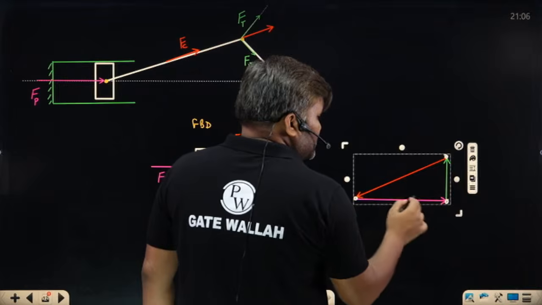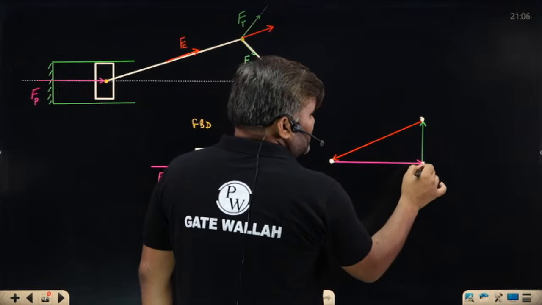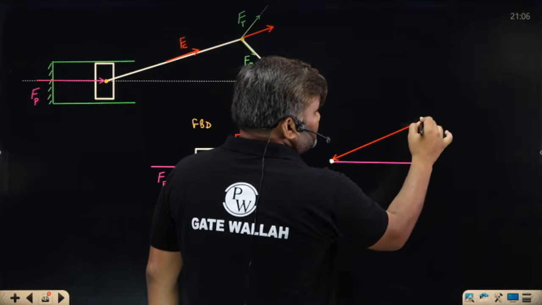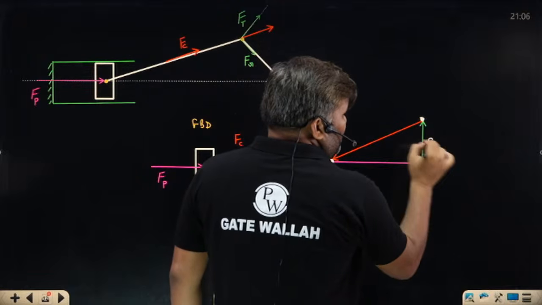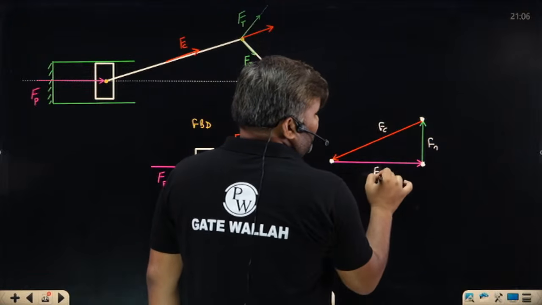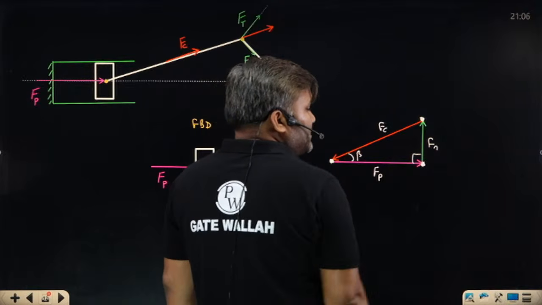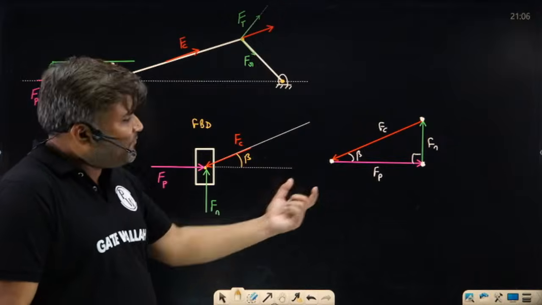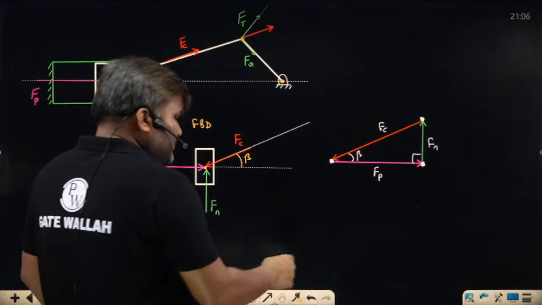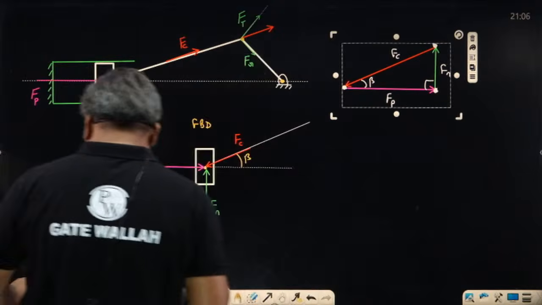Everybody, is this clear or not? I have got this situation something like this. What are these forces? This is your Fn, this is your Fc, and this is your Fp. Fp I know, this is angle beta, this is 90 degrees. Can you calculate all other forces in terms of Fp? Tell me what is the force along the connecting rod.